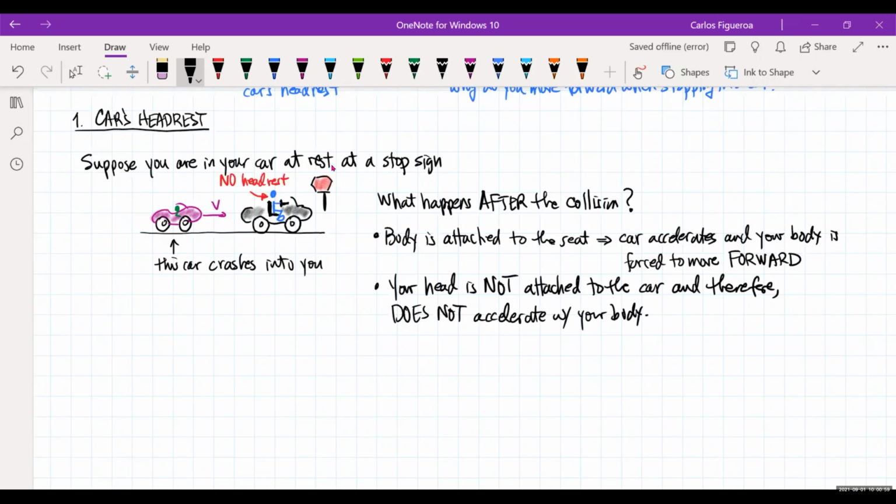So your body accelerates, but not your head. So according to Newton's first law, your head at rest will stay at rest forever.